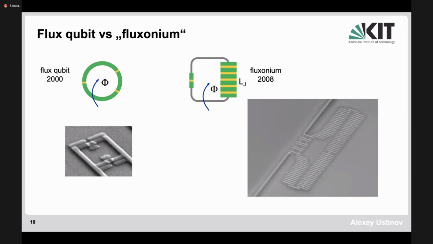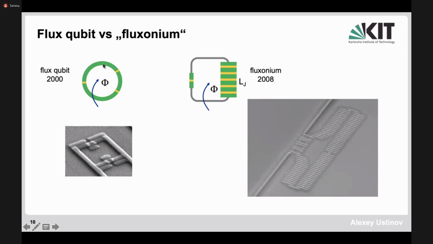Let me remind you that in the first lecture of last week, we discussed the flux qubit, which consists of 3 Josephson junctions connected in a loop. Here, one junction is the quantum junction, which has roughly 0.7 of the size of the 2 larger junctions.